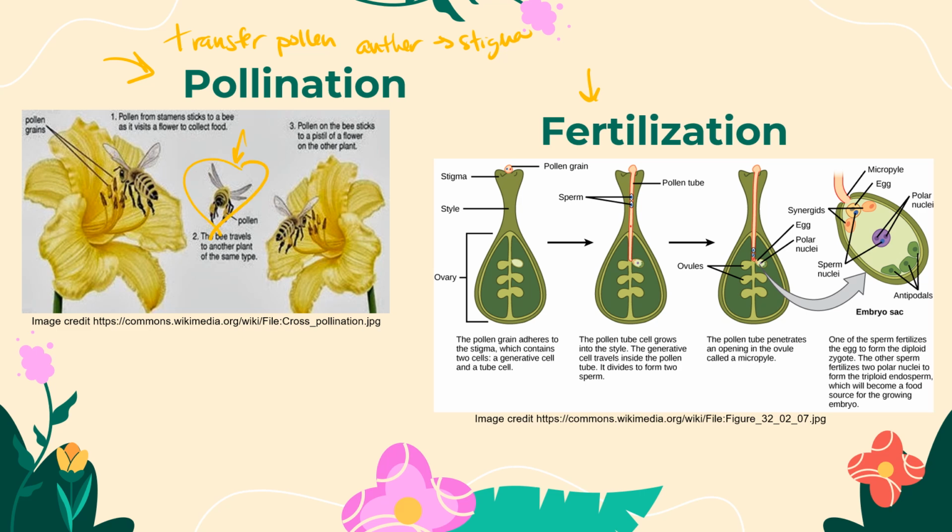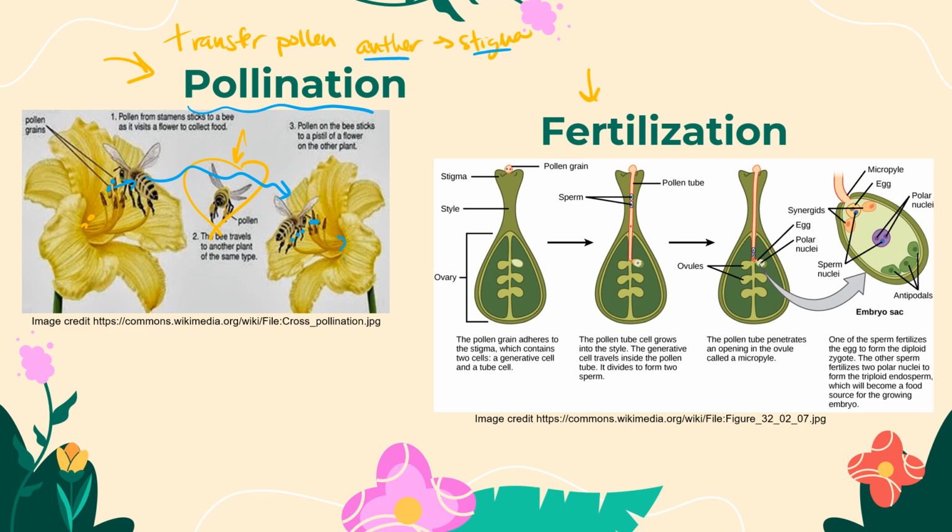He's going to drink some nectar from this lovely plant. Some of those pollen grains are going to get stuck to him. He flies over to the next flower to drink some more nectar. The pollen grains that were stuck to his body are now going to get stuck to the sticky stigma of this other flower. Pollination has occurred. Pollination is the transfer of pollen from anther to stigma.